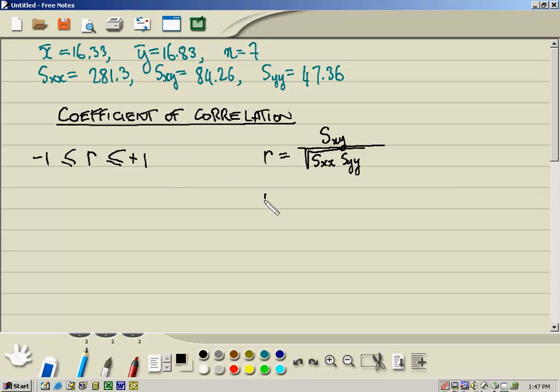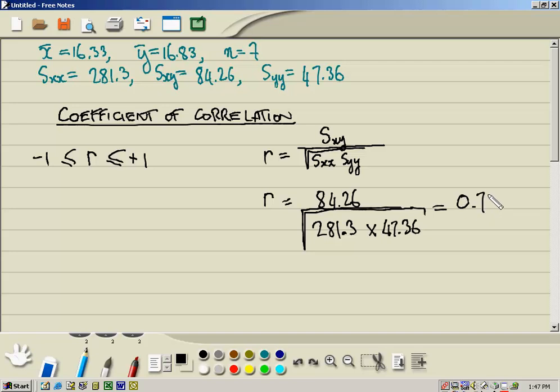Alright, and now let's put them into this formula that we have. So little r is the sum of squares of xy, 84.26, divided by the square root of sum of squares of x, 281.3, times sum of squares of y, 47.36, and that boils down to 0.7300.